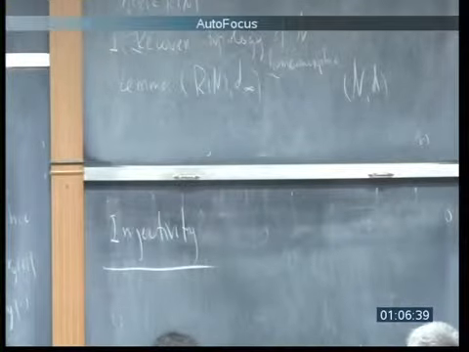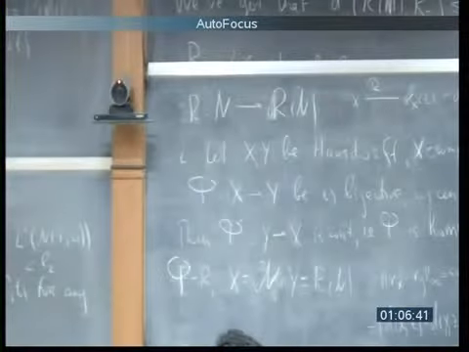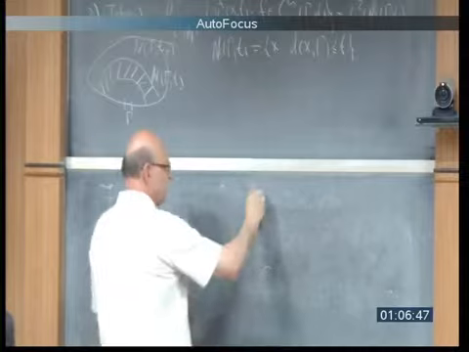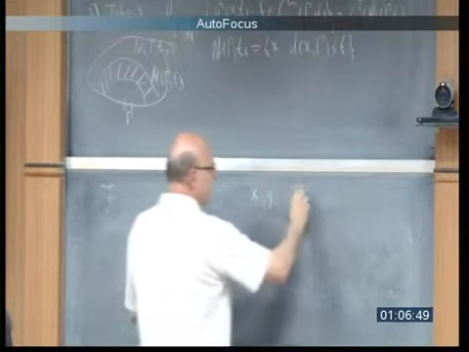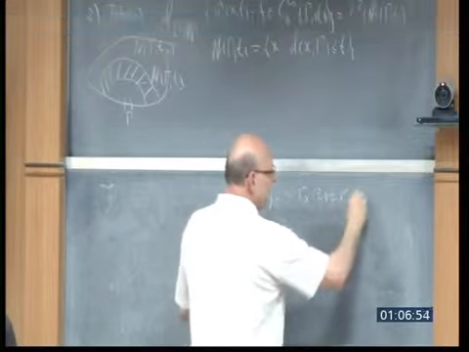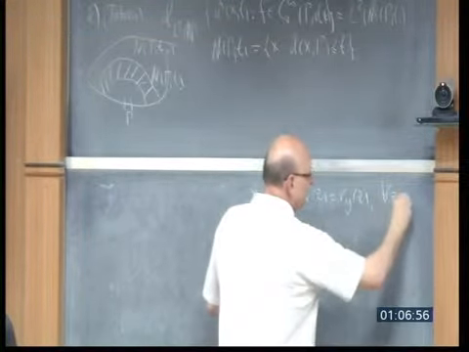Assume the contrary. Assume that there are two points x and y such that Rx of z equals Ry of z for any z belonging to the boundary.